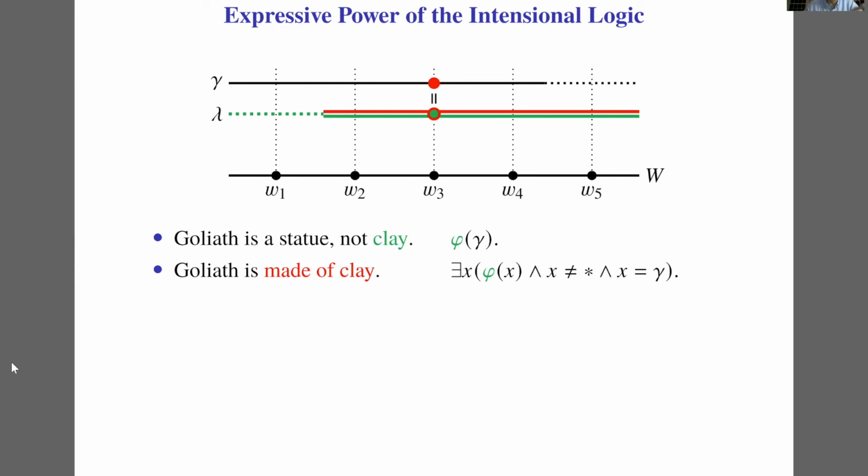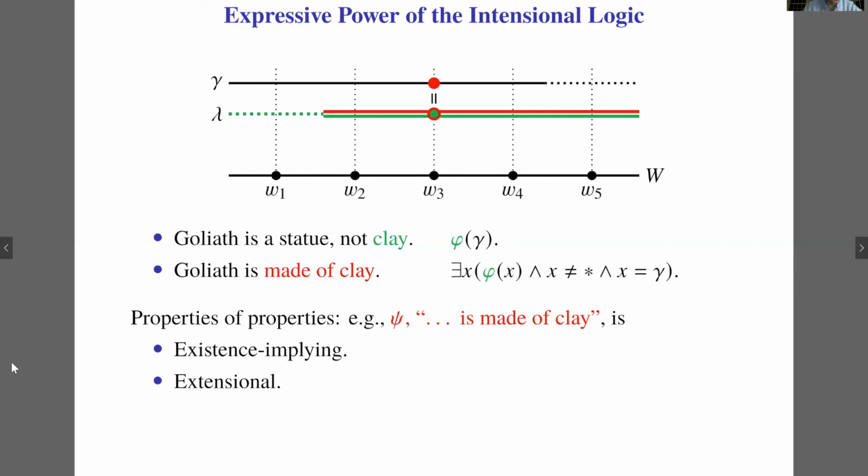On the other hand, Goliath happens to be made of clay, but it may not be clay in other possible worlds. So here we have two senses, a sortal way and a non-sortal way of applying the word clay, and that's something we can express. Those two meanings of "is clay" can be expressed by this intensional logic in this way.